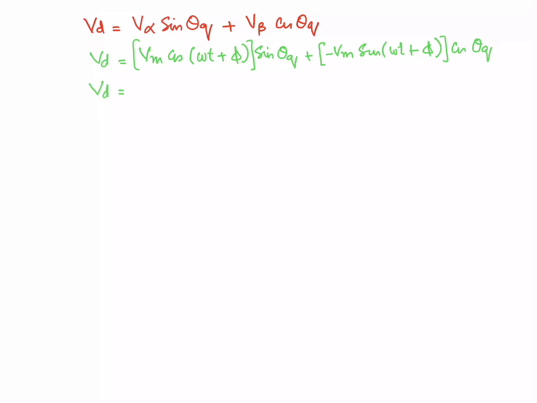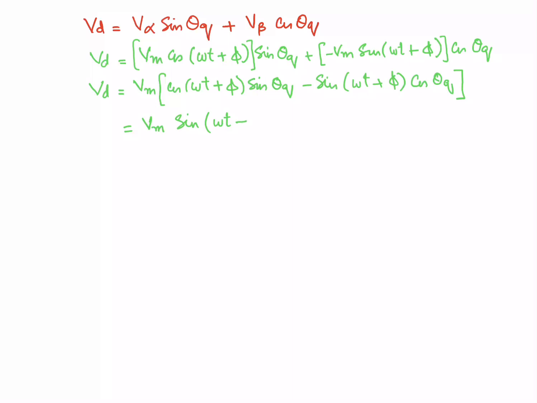Now we can further simplify it, taking Vm common, and we can write cos of omega t plus phi into sine of theta q minus sine of omega t plus phi into cos of theta q. And then applying the trigonometric identity, we can write Vm into sine of omega t minus omega t minus phi.